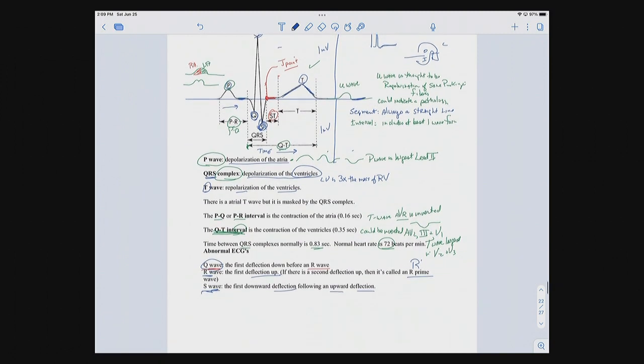So the last point looking at this is that there is something called a TP wave. A TP wave, if present, or if you can see it, is the repolarization of the atria.